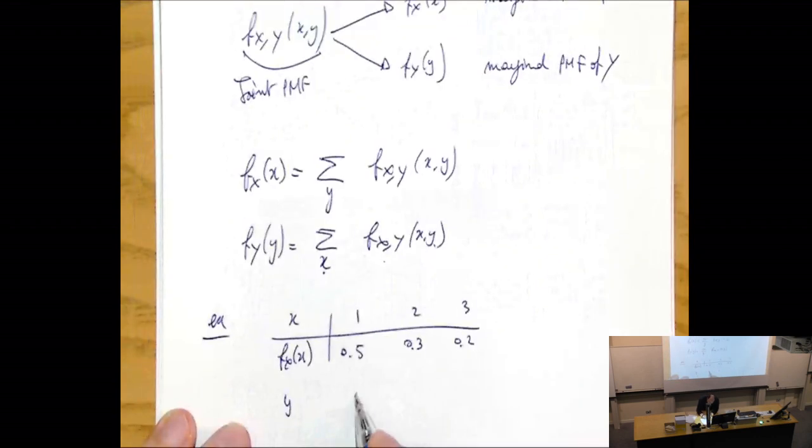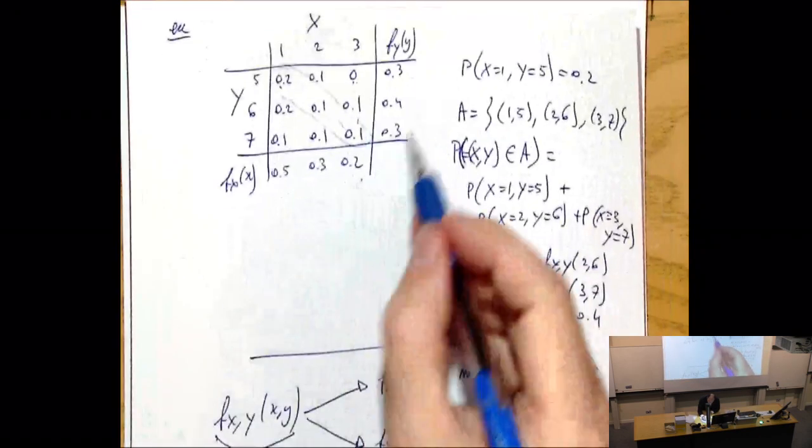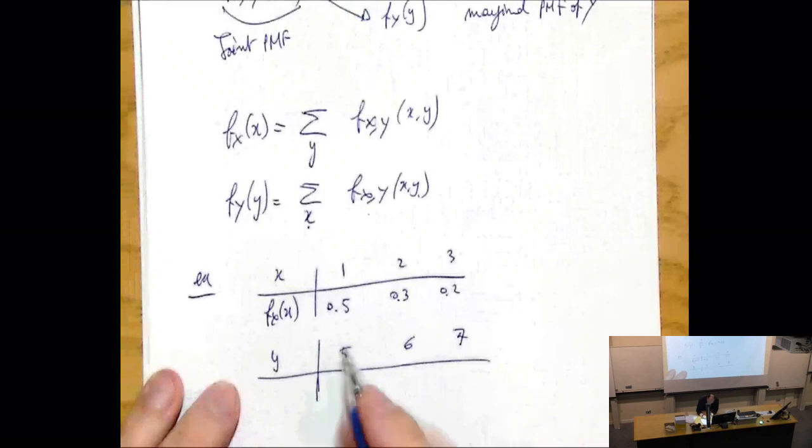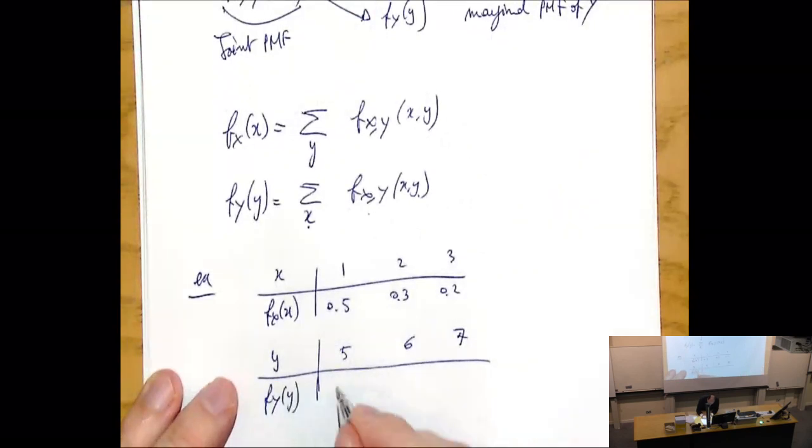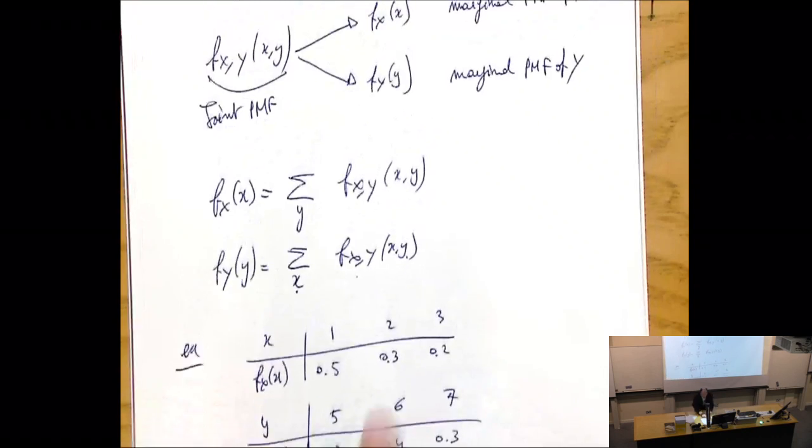And the marginal of y, which can take values 5, 6, 7, is given by what we have here: 0.3, 0.4, 0.3. So those two are actually marginal PMFs.